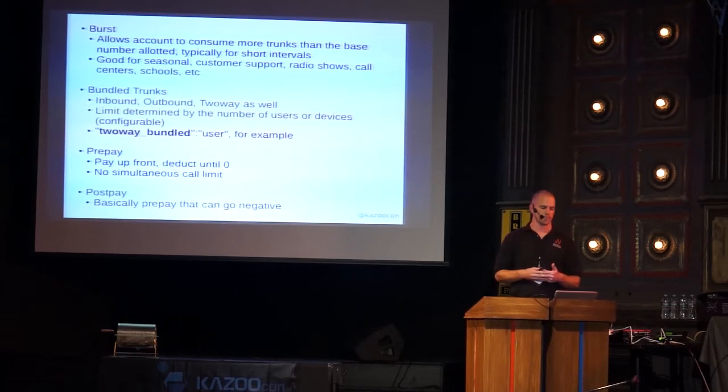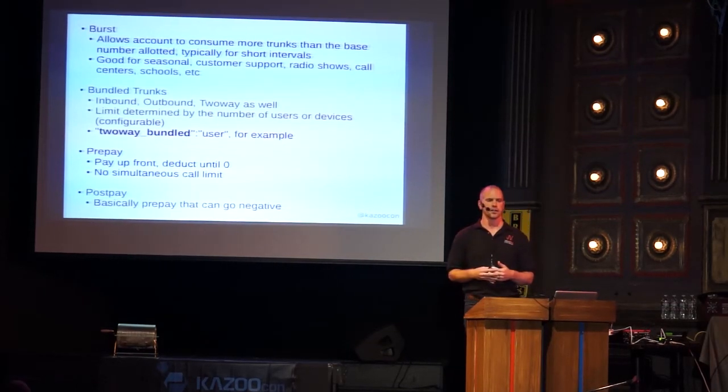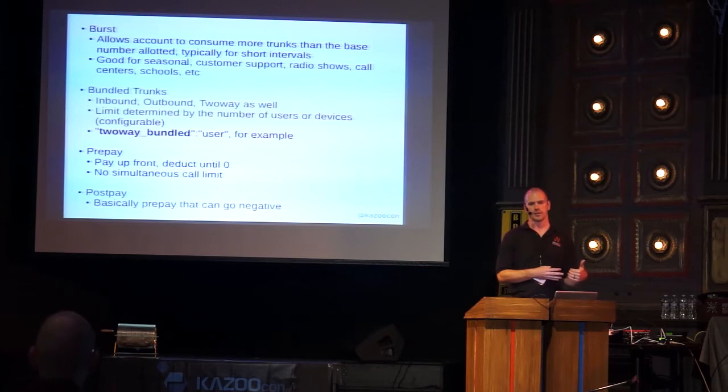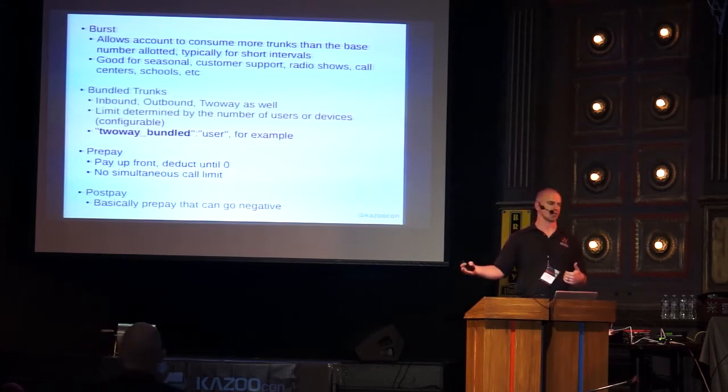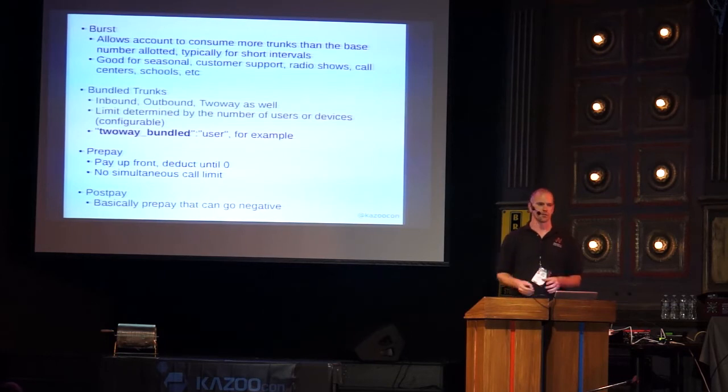Do you pay more per base chunk to have the option of having the burst functionality? Do you pay the regular rate and then you get charged per burst chunk that you use, right? So you can come up with those strategies. All that information will be in the CDR for you to use in your billing.